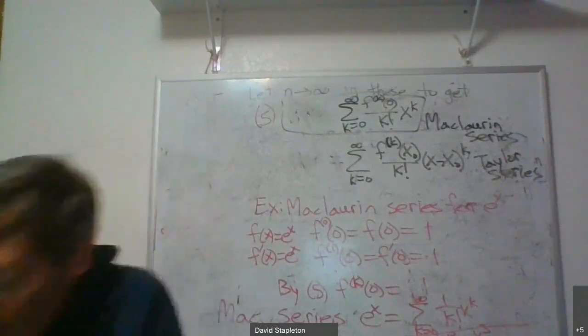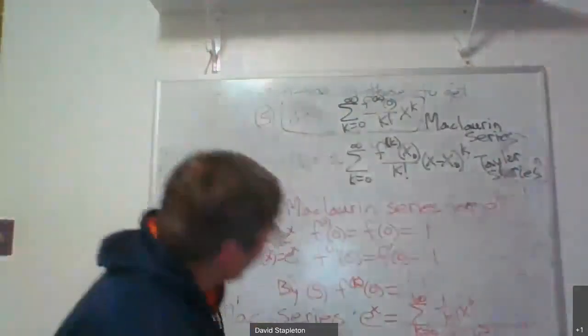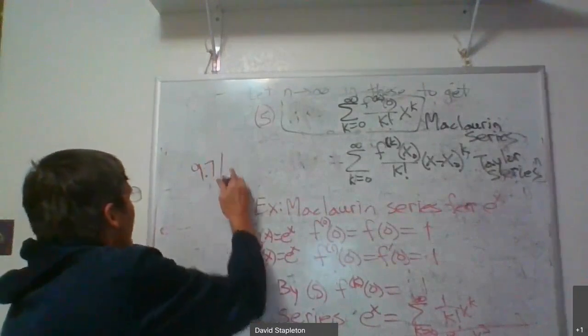That's it for tonight. We're out of time. For homework, in section 9.7, try these problems on Maclaurin and Taylor polynomials.